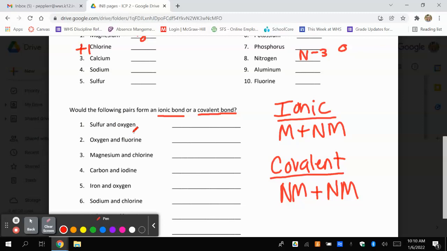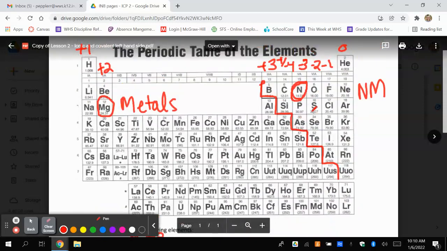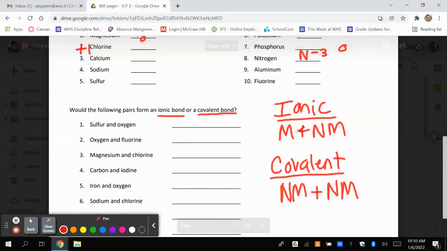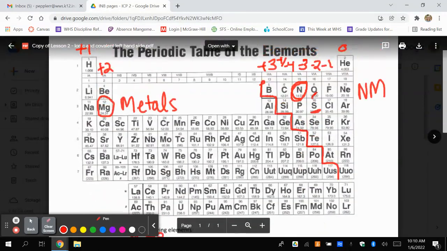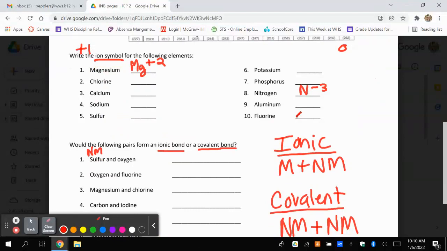Sulfur and oxygen. We want to look up at our periodic table and find sulfur. Sulfur's right here. Sulfur is on this side of our stair step, so it is a nonmetal. Come down here and label this as a nonmetal. Then we go back up and find oxygen right here. Oxygen is also on this side of the stair step, so it's also a nonmetal.